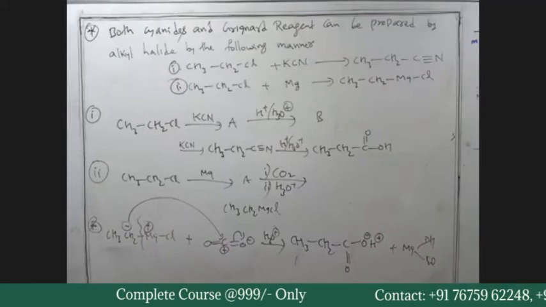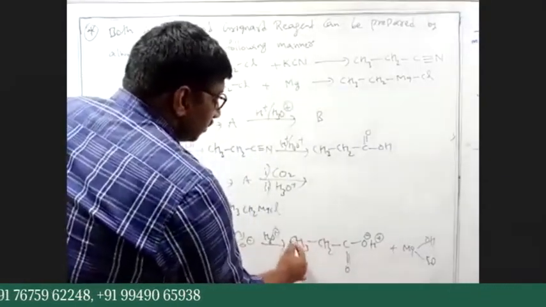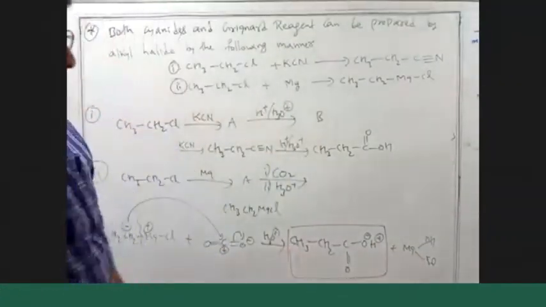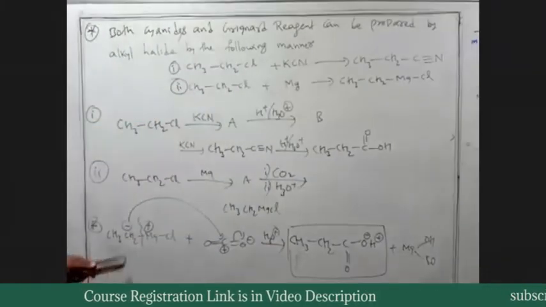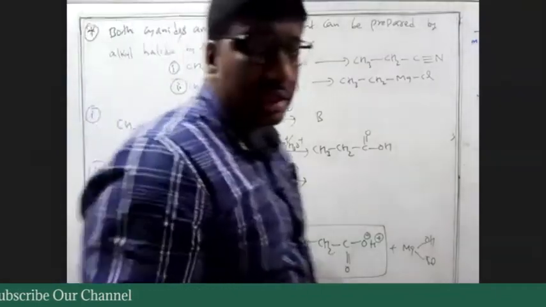This is our respective acid. If you see in the acid, we again have one carbon atom more when compared to the initial alkyl halide.